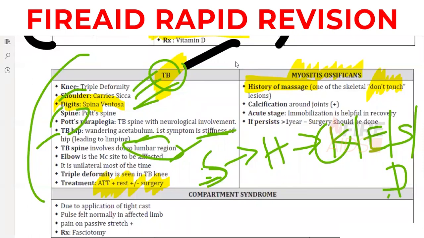In the acute stage, immobilization is helpful in recovery. What you should not do is strain the area where there is a calcification. If you strain more, you'll end up having a surgery. If it persists for more than 1 year, surgery should be done. So regarding myositis ossificans, the only point you need to know is there's going to be a history of massage, and do not touch skeletal lesion.